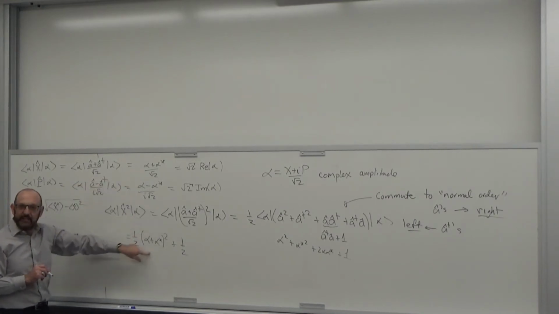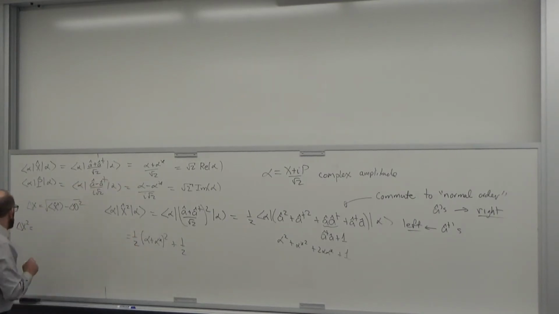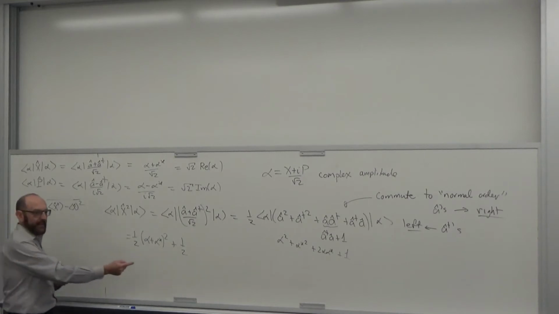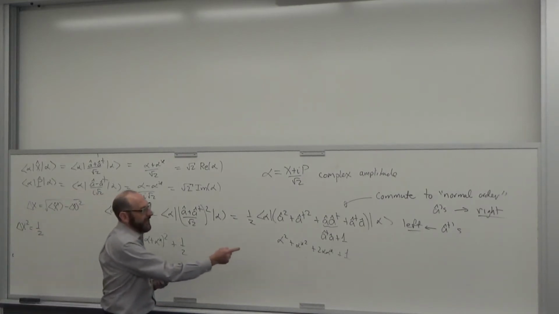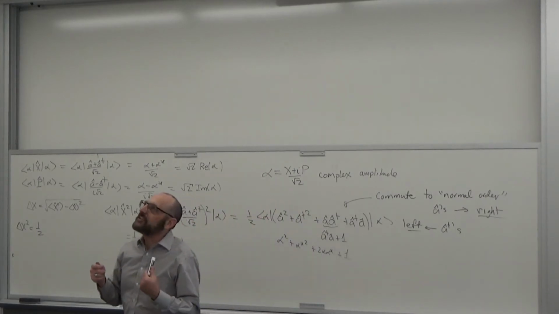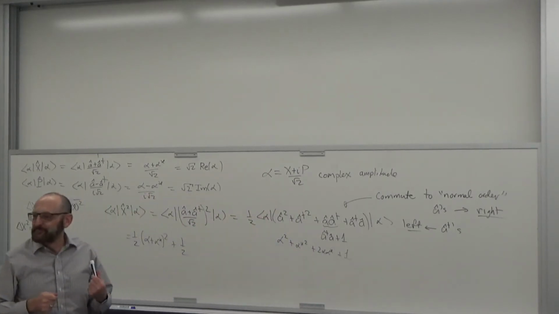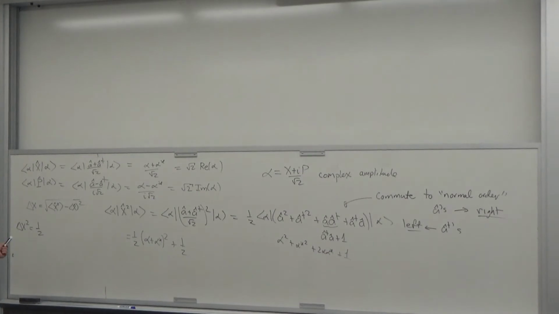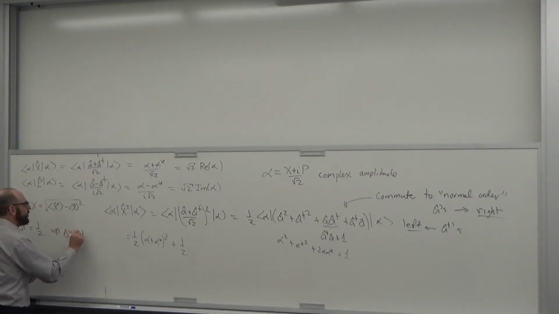That's this guy. So this minus that is a half, coming from the commutator. The fact that A and A dagger don't commute is a reflection of the uncertainty principle and the quantum fluctuations that exist in this quadrature, or equivalently, delta x is 1 over root 2.